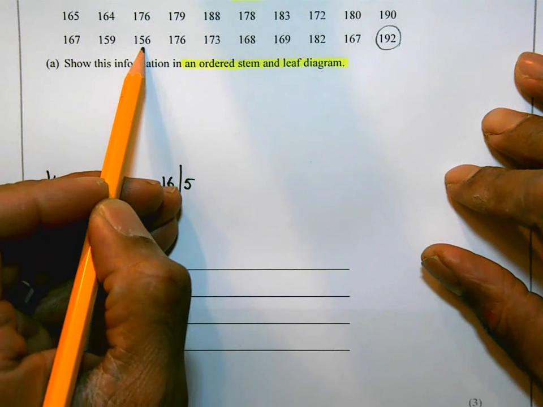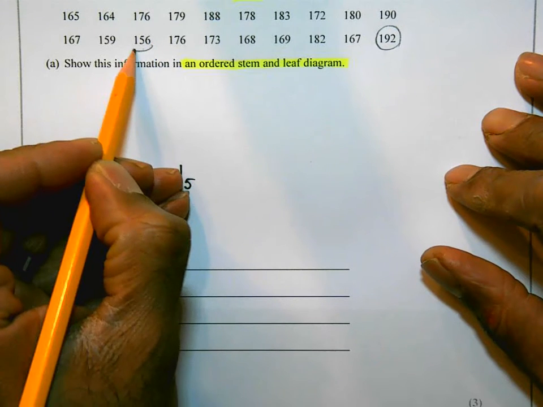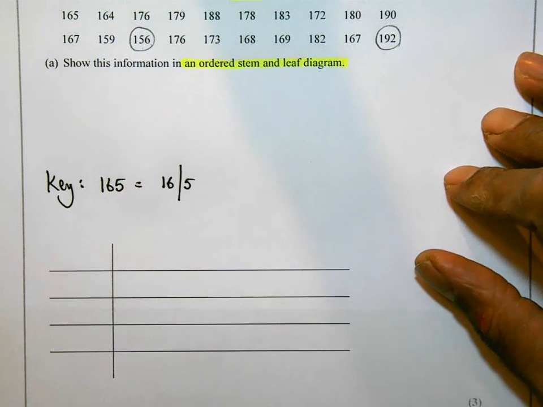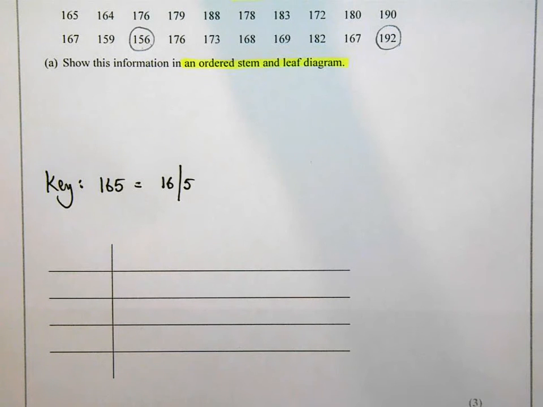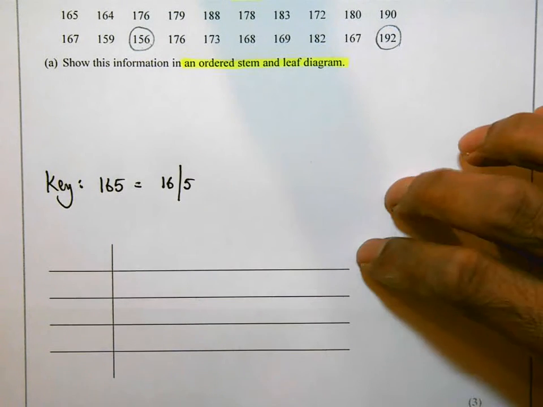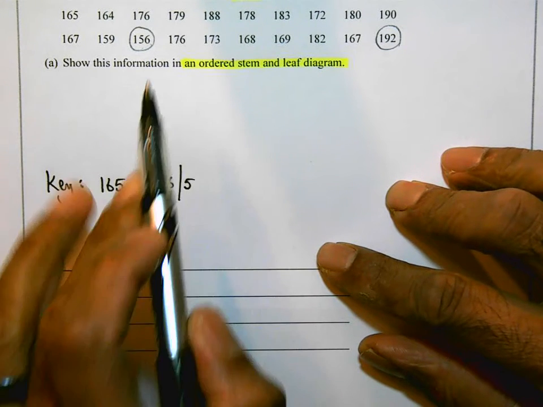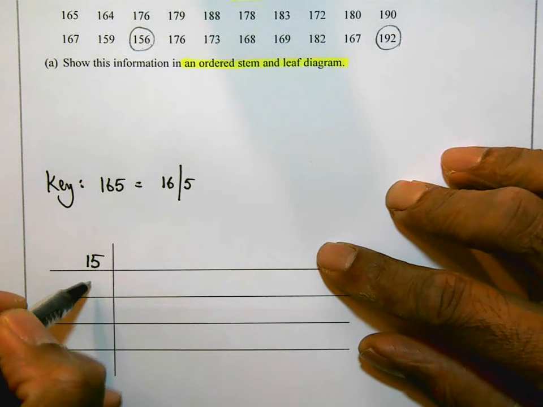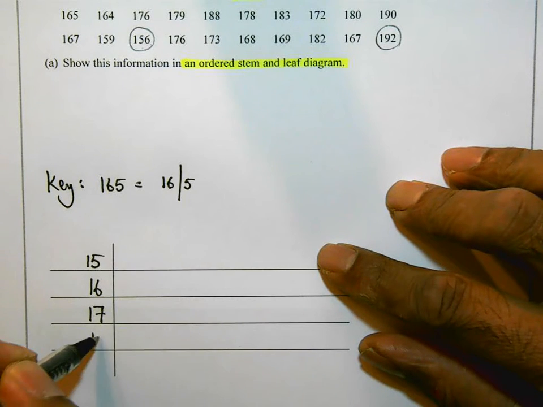Okay, so if I look at the stems on my stem and leaf diagram, they're going to start off with 15. That's 150, 160, 170, 180, and 190. Okay, so those are my stems.